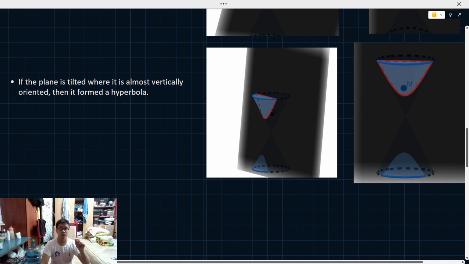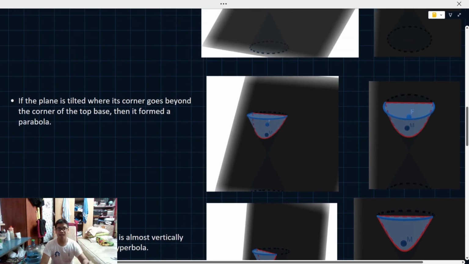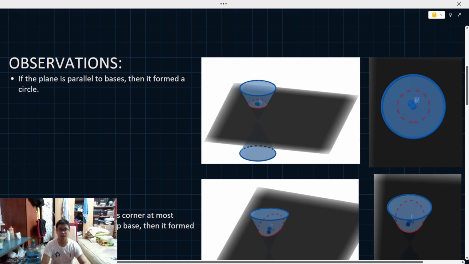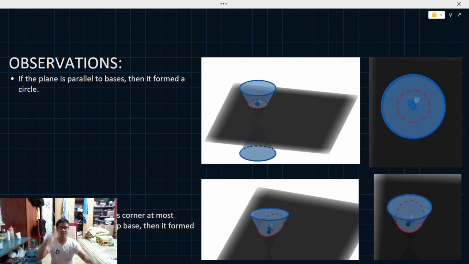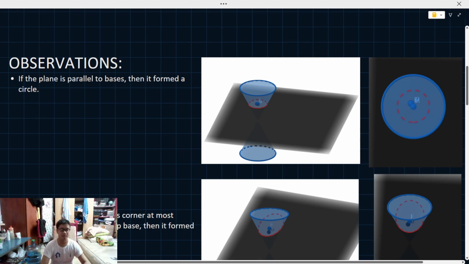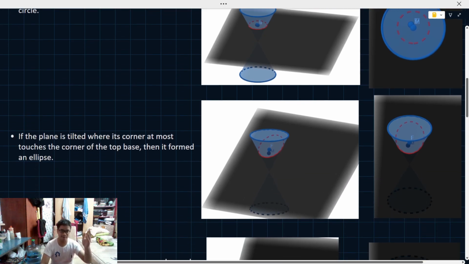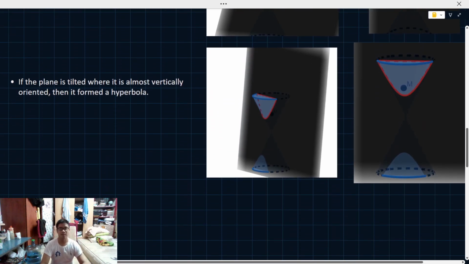Again, this is based from putting the plane at this position. So if this position is our basis and we tilt the plane, we can have these results.